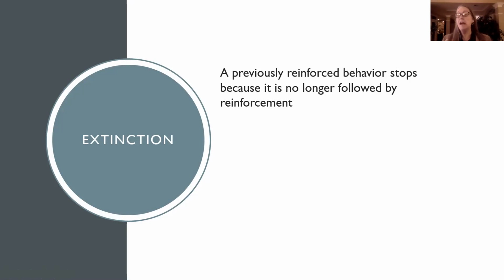Eventually the behavior stops getting emitted very often. It's when a previously reinforced behavior stops because it's no longer followed by the reinforcement. You can kind of see it's when that association breaks down. So when the reinforcer isn't presented after the behavior a bunch of times, the behavior stops being emitted.